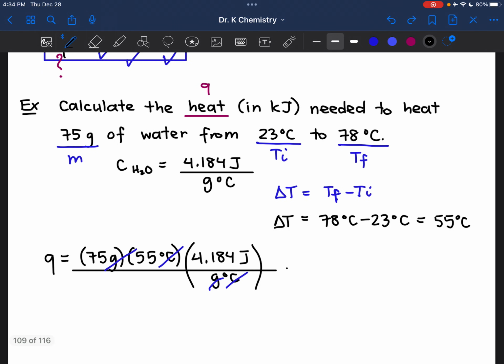So the unit should be joules or calories if the problem asked for calories. Now we will need to convert to kilojoules at the end, but I'm going to solve for this first. Or alternatively, you could just add another step here and convert to kilojoules immediately. So I'm going to get a very large number. I'll round at the end.